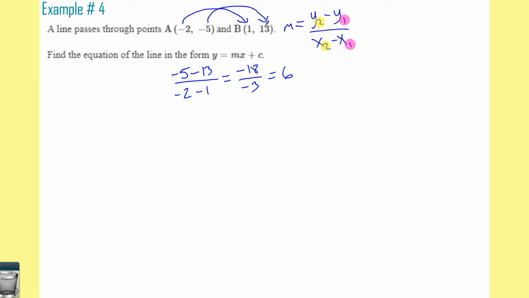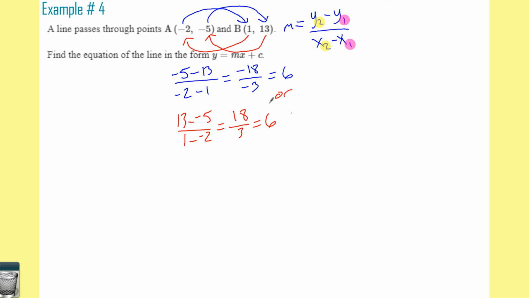Doing what I know a lot of you want to do, 13 minus negative 5, and then 1 minus negative 2, here we get 18 over 3, which is still 6. So again, 2 ways to go about the same problem. Either way, you're going to get the same answer. So don't be alarmed if I do it first point minus the second point, okay?